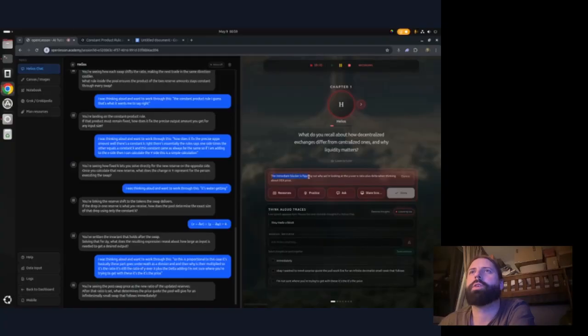The immediate block is figuring out why we're looking at the x over y ratio plus delta when thinking about the x price. The y over x ratio.